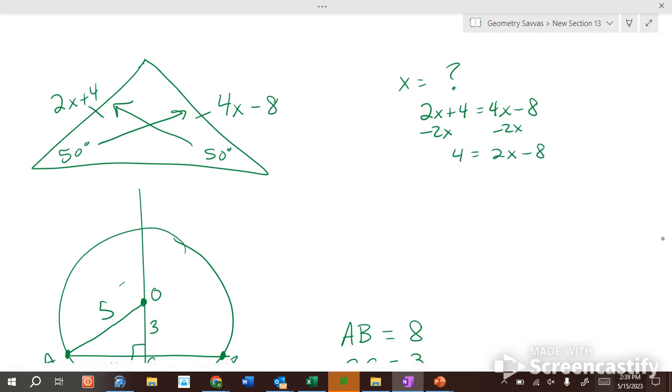Then we get x equals 6. So 4 times 6 minus 8 is 16. 2 times 6 is 12 plus 4 is 16.